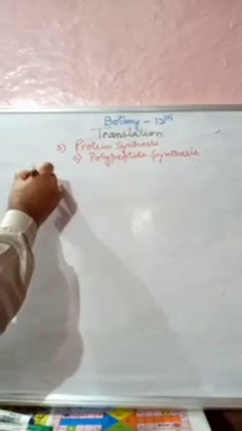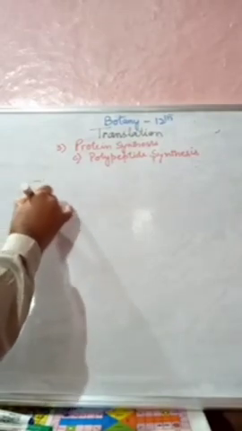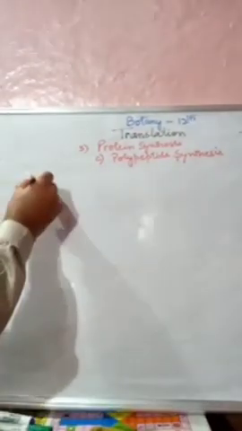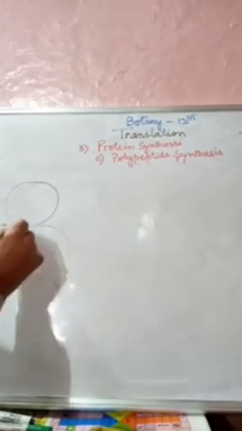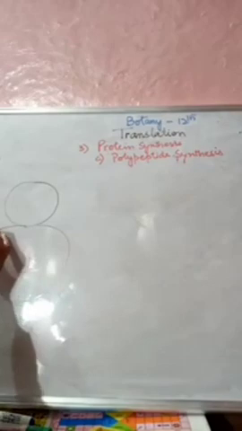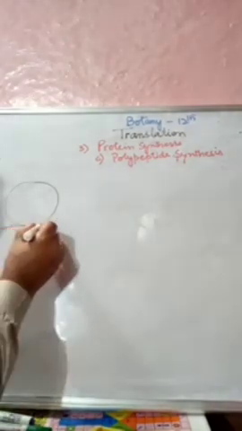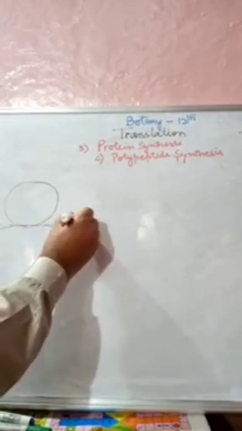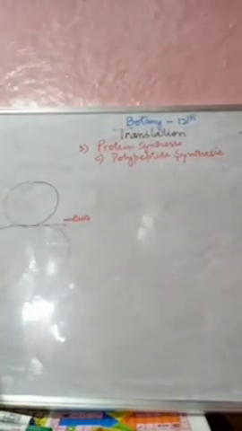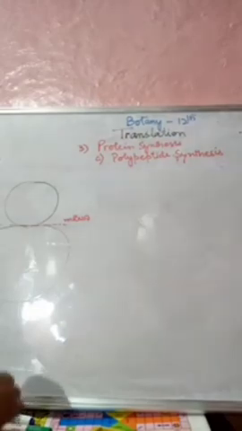If we draw the diagram, it is the smaller subunit, and it is the bigger subunit like this. On the smaller subunit what we will see, mRNA is attached. For example, it is the mRNA, and on the bigger subunit we have got different codes.